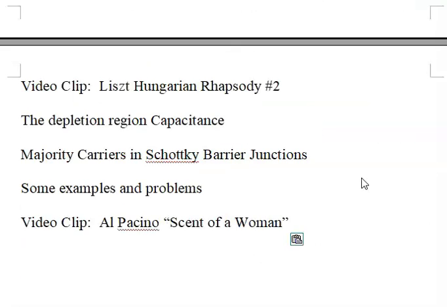So to end our session, I'd like to play a clip from this movie, Scent of a Woman. Al Pacino plays a blind army colonel, and he befriends a student at an exclusive prep school in New England. And this particular prep student, Charlie, is a student who was admitted on a scholarship. He's from a poor family.